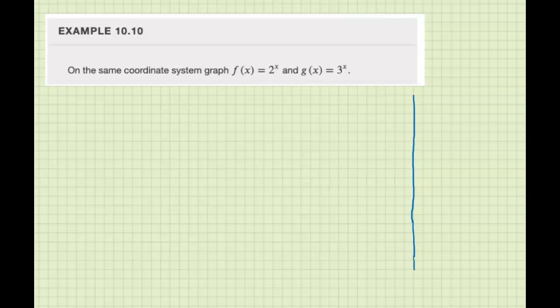There we go. Okay, so we have 1, 2, 3, 1, 2, 3, 1, 2, 3, 4, 5, 6, 7, 8, 9, 10. I think that's probably enough.